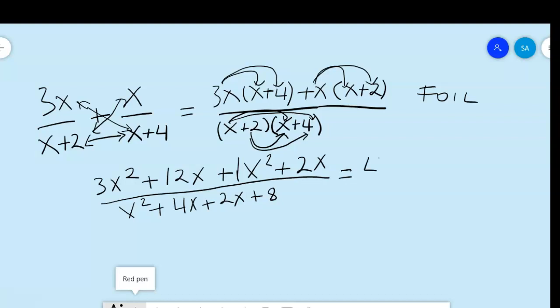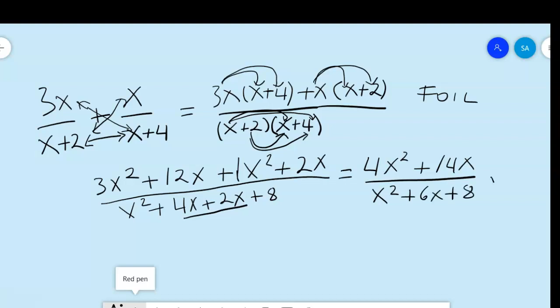So here we got 4x squared plus 14x, all divided by, here you see that the middle is also a like term, so you combine them. Other than that, none of them is a like term, so you write x squared, 4 plus 2 gives us 6x, and plus 8. Now we are done.